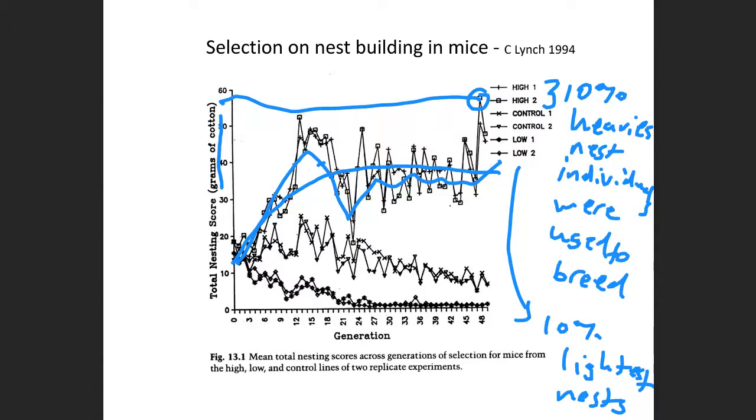You get rid of all the genetic variation in the low nest building direction, and then you hit a constraint because all you're stuck with are the genes from the individuals that made the biggest nests to begin with. And it is entirely possible that if you did this study for many more years, giving many more opportunities for new mutations, new genes to arise that might increase nest building behavior further, or if you did this study on a large population, you might well end up with much higher nesting material.